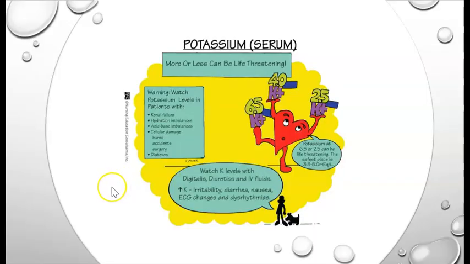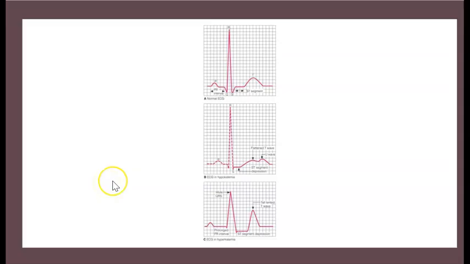Another graphic for you. And again, these are going to be loaded into that other PowerPoint. So if you're looking at this, the top one is going to be your normal EKG. This one right here, you can see a flattened T wave, and that's usually present with ST segment.